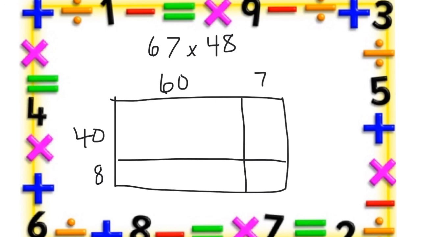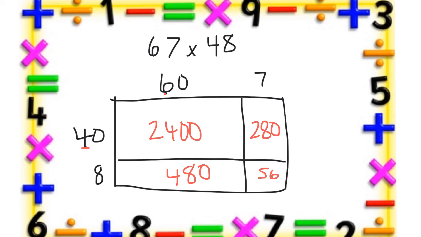And so I have 4 tens times 6 tens, and that's going to be 24 hundreds. I have 4 tens times 7, which is 28 tens, or 280. I have 8 times 6 tens, which is 48 tens, or 480. And I have 8 ones times 7 ones, which is 56 ones, which is 56. And I think I'll add this way to start.